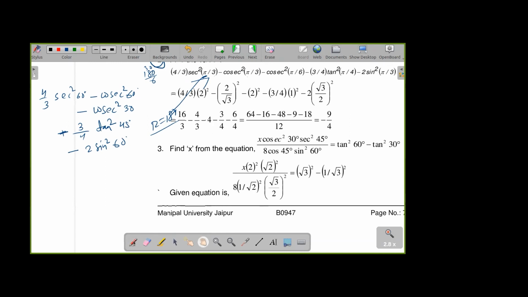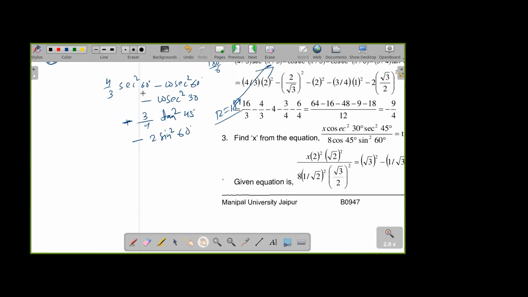So now 4 by 3, sec square 60 degree, it will come reverse of cos. Cos 60, we know 1 by 2, so it will be 2 square minus cosec 60. Cosec 60 is reciprocal of sine.